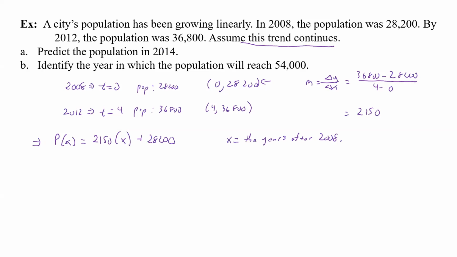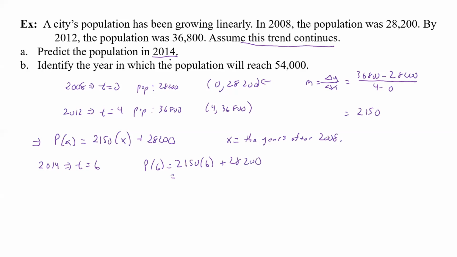Now they say let's predict the population in 2014. Well, how many years after 2008 is 2014? That's 6. So 2014 is x equals 6, and we plug that in: P of 6 equals 2150 times 6 plus 28,200.